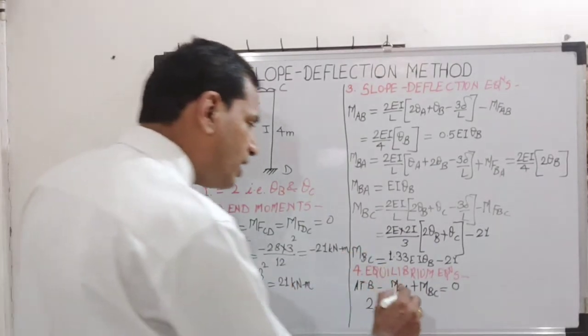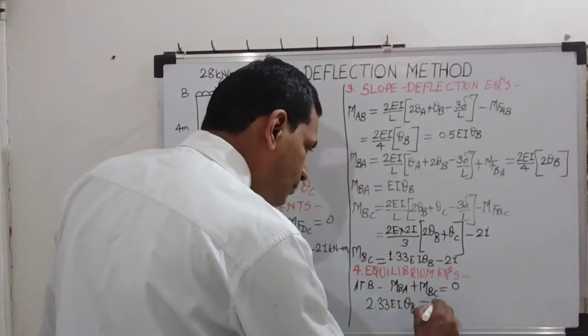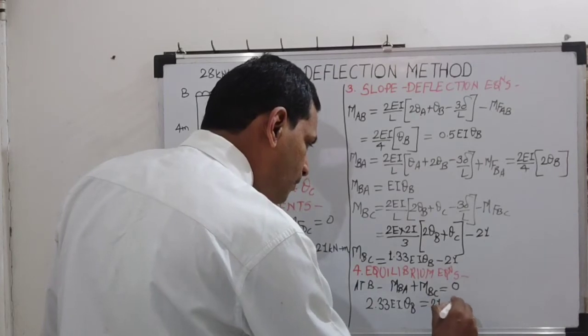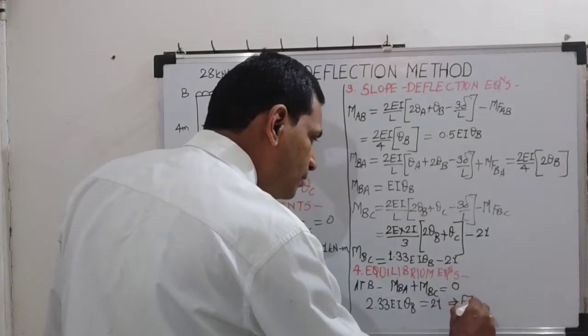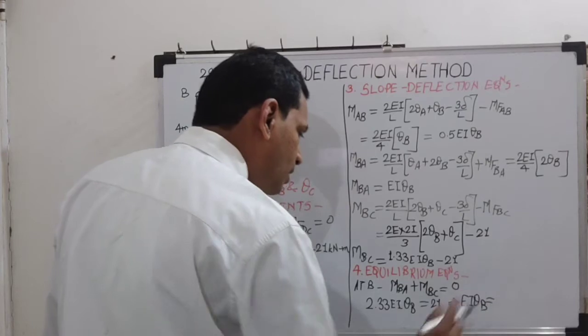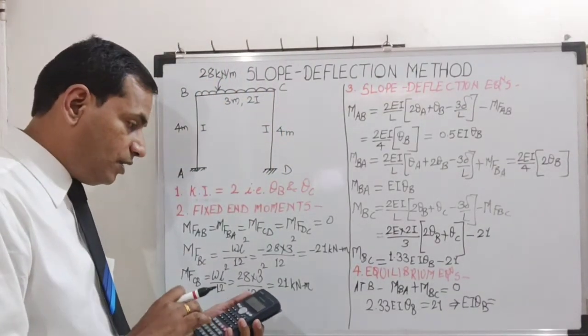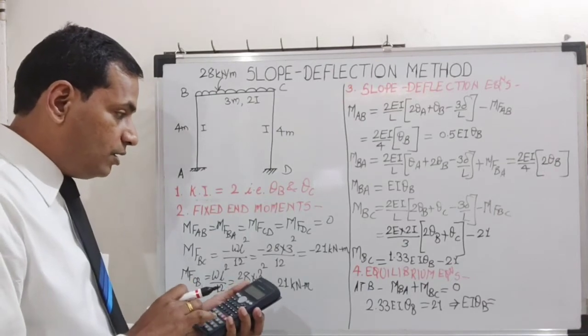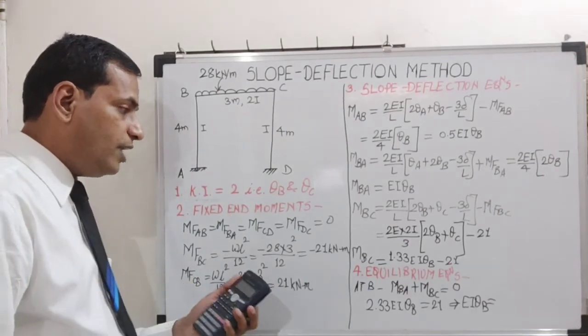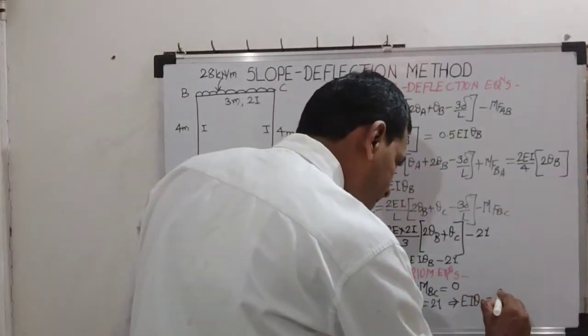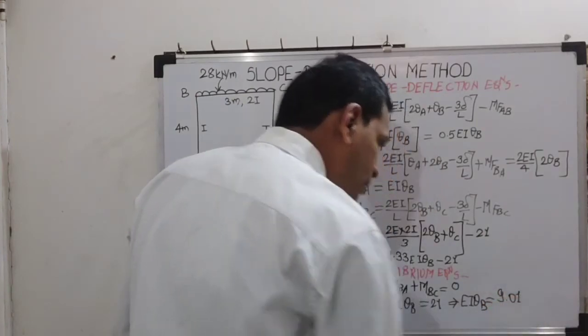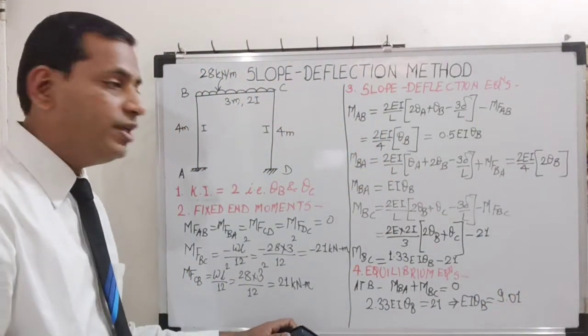We will bring it to the right hand side. So from this equation we get EI theta B equal to 21 upon 2.33. Let us calculate. 21 upon 2.33 is 9.01. So EI theta B is 9.01.